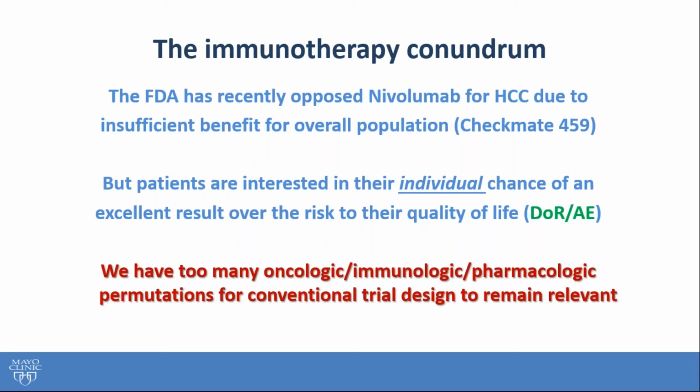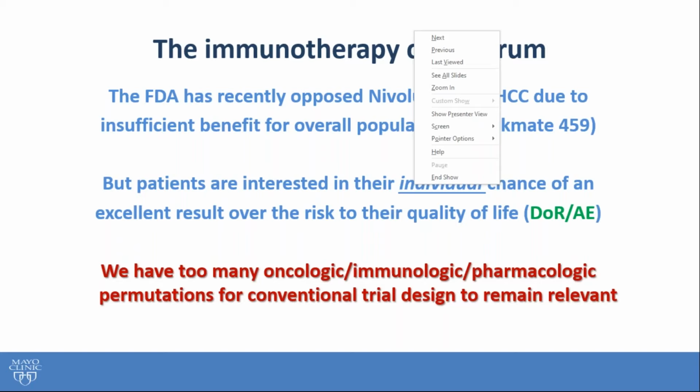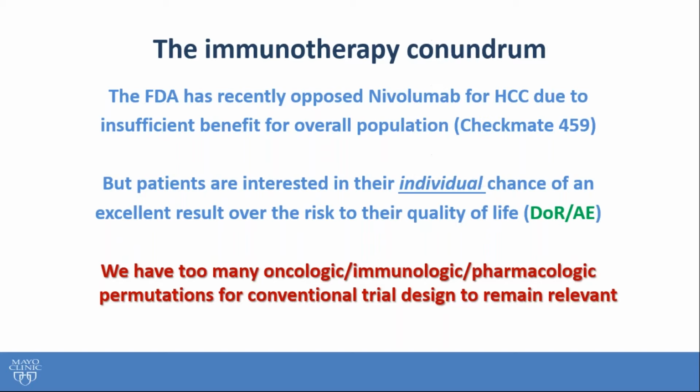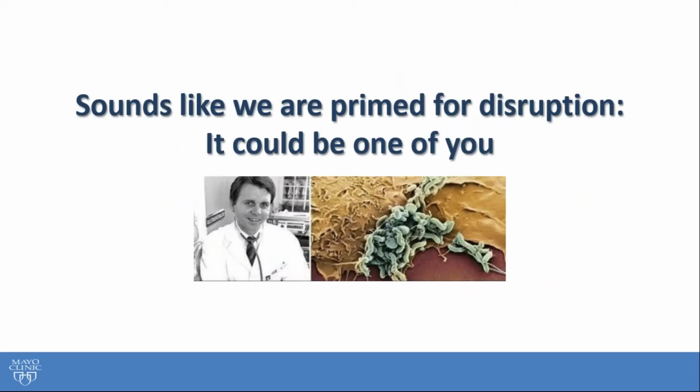And I think that we're going to have too many oncologic or immunologic and pharmacologic permutations down the road to really stick with conventional trial design with two competing forces on a Kaplan-Meier curve on a massive population scale. We're just way too personalized, and I think that's the way it should be going. Next slide.